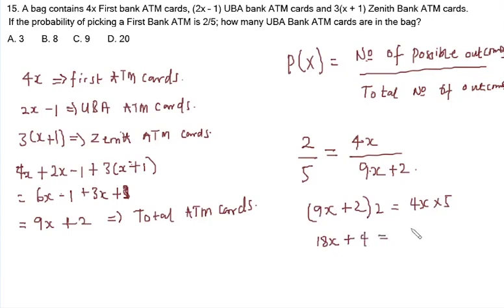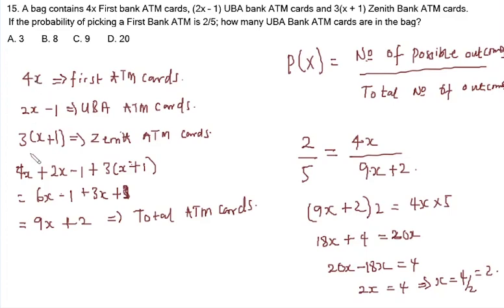This is equal to 4x times 5, which is 20x. Moving 18x to the other side, we have 20x - 18x is equal to 4. So we have 2x is equal to 4, and this implies that x is equal to 4 over 2, which is equal to 2.